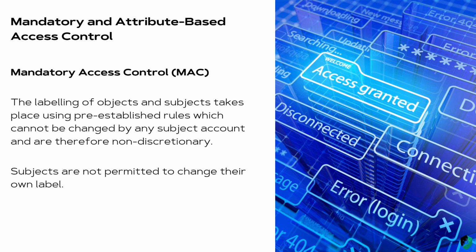The labeling of objects and subjects takes place using pre-established rules which cannot be changed by any subject account and are therefore non-discretionary. So subjects are not permitted to change their own label in this particular scheme.